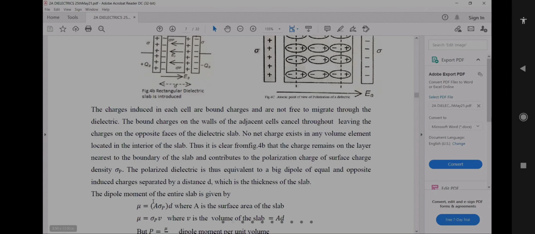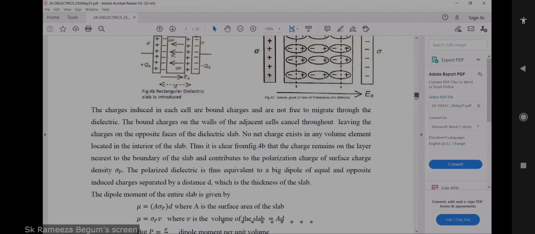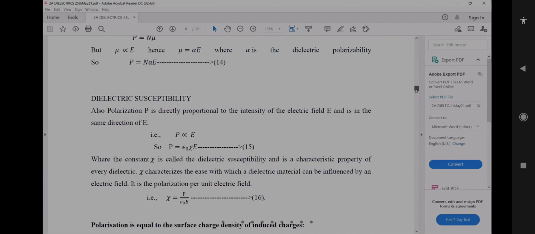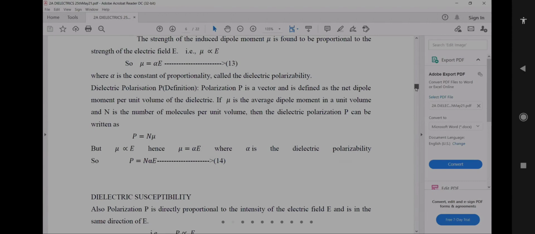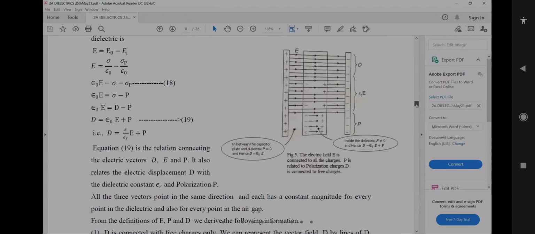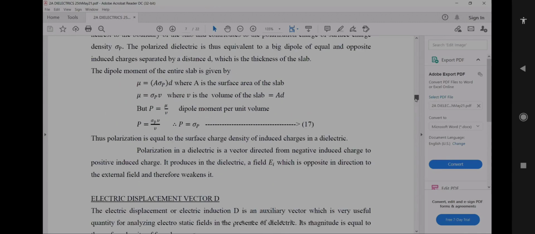So the dipole moment of the entire slab is given by mu is equal to A into sigma p into d.